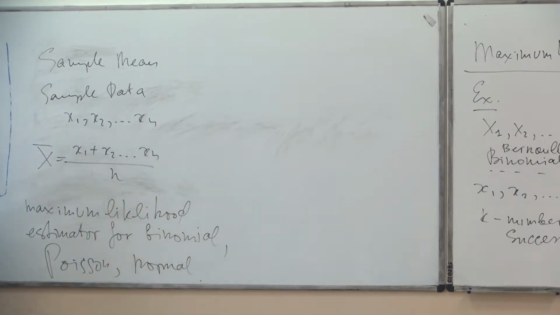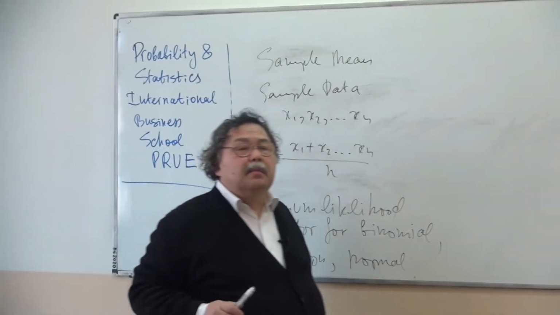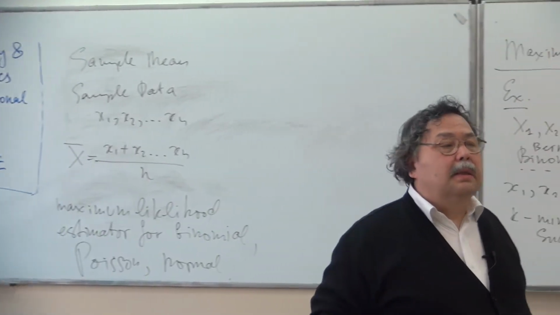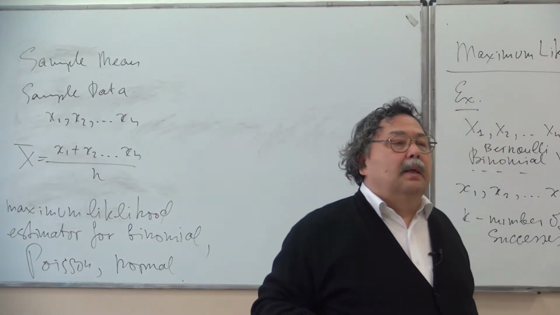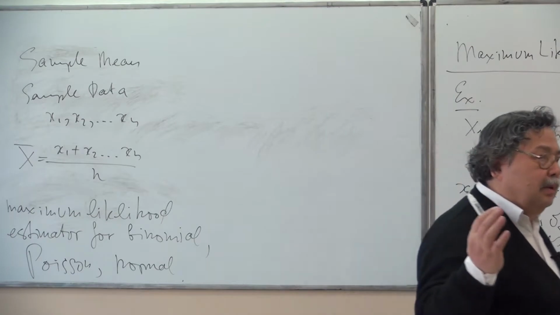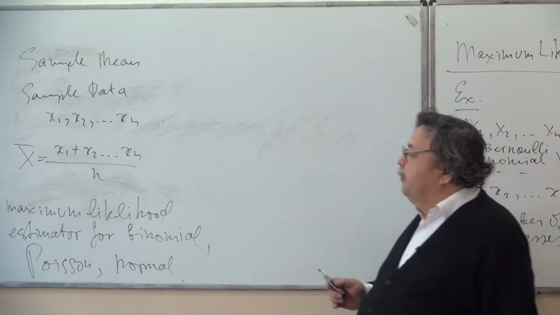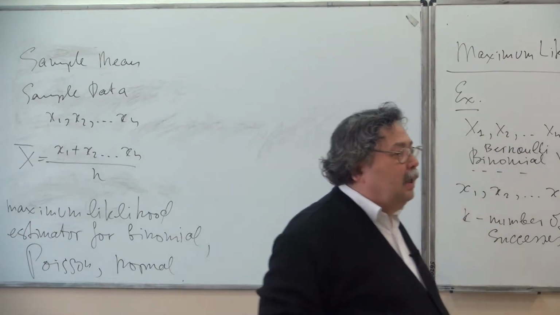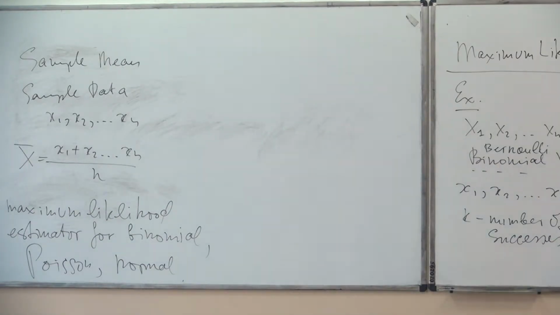Well, we don't say that this is the maximum likelihood estimator for the mean for any distribution law. It can't be. This kind of statement is not true, but for these three most important distributions, this is just correct.